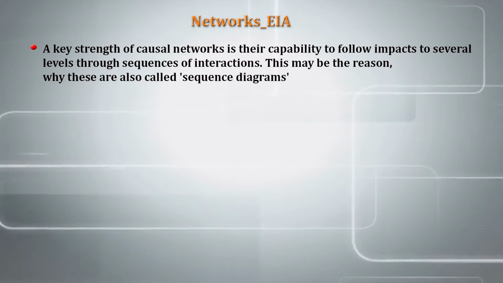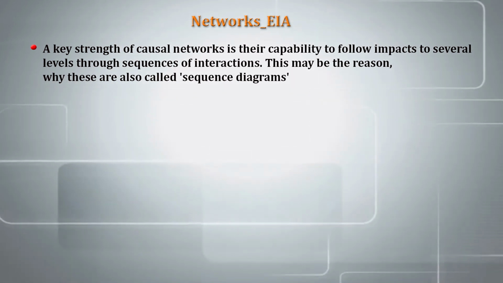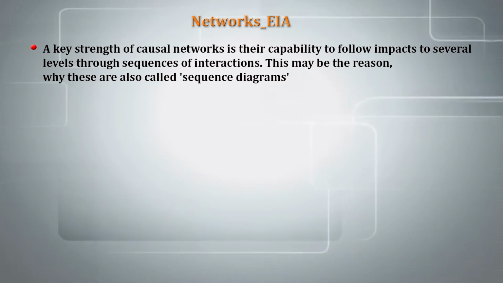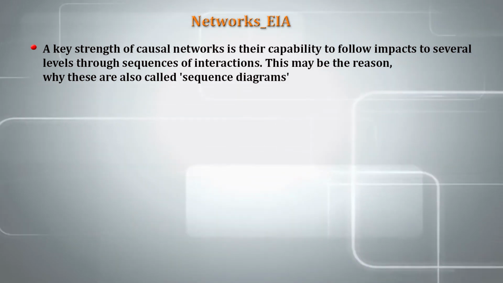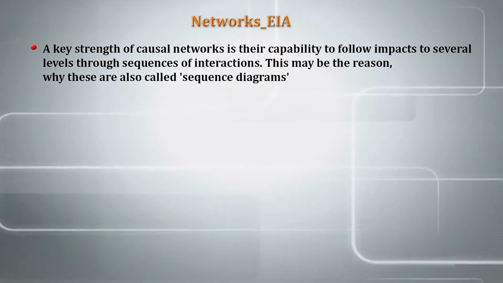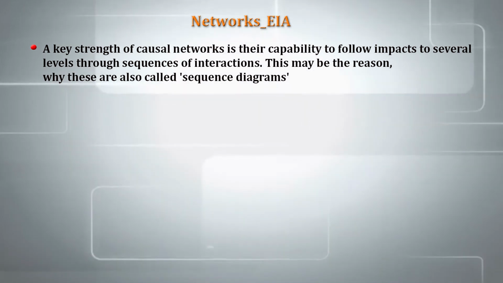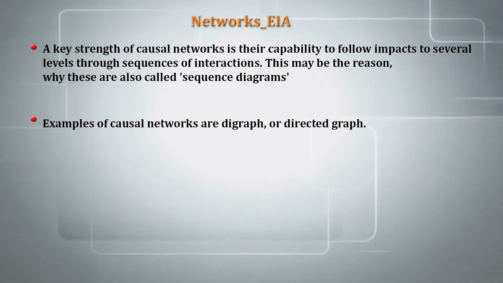A key strength of the causal network is its capability to follow impacts to several levels, because at every level it can go through a sequence of interactions, and this may be the reason why these are also called sequence diagrams. The examples of causal networks are digraphs, or directed graphs.